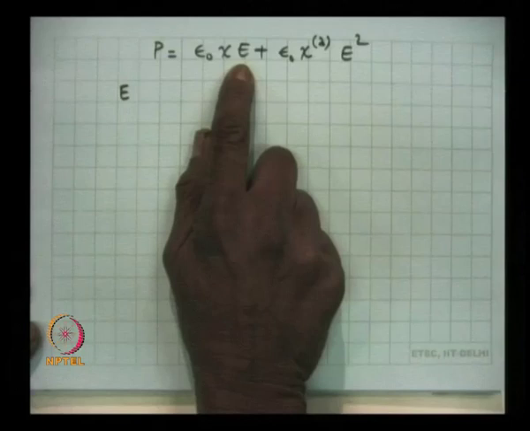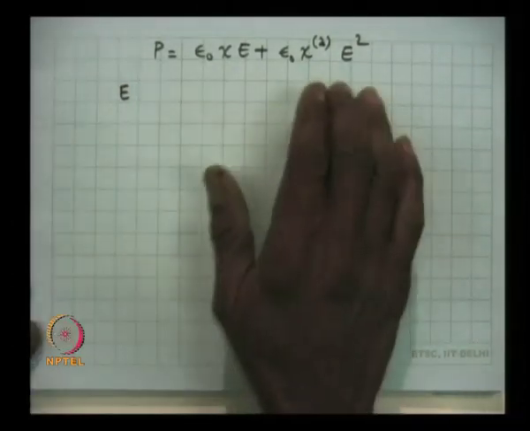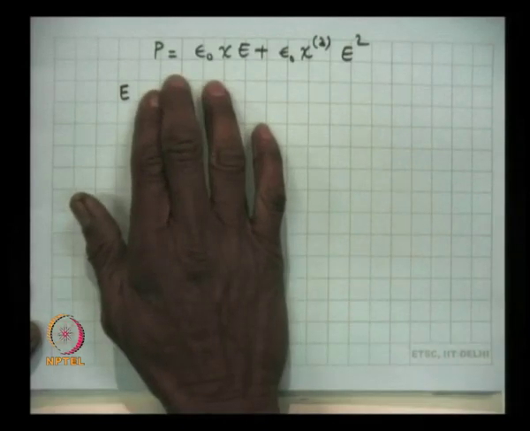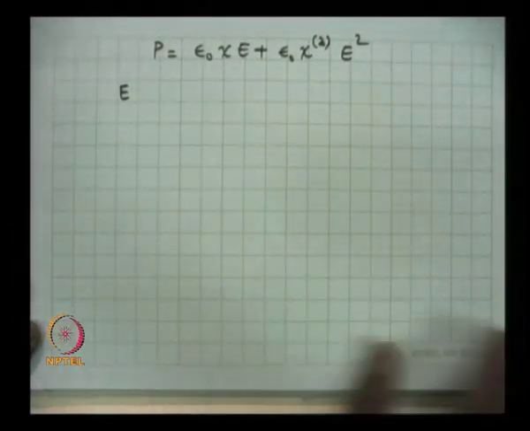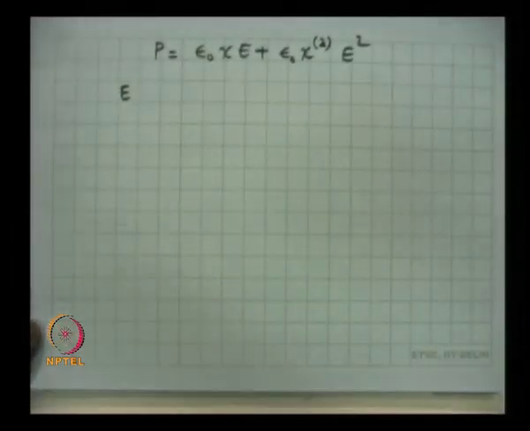But if I take products, that is not true. The real part of the product of two complex numbers is not equal to the product of the real parts of the complex numbers. So, all the time I need to use real electric fields, real polarization, etc., but we will still use complex by a judicious choice of the expressions, as we will come to that later.